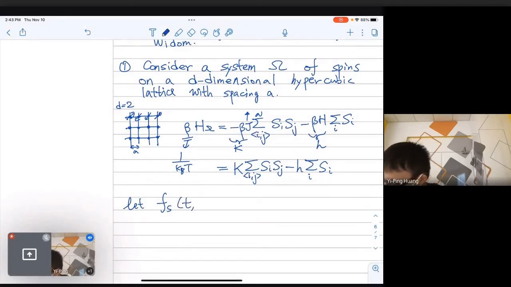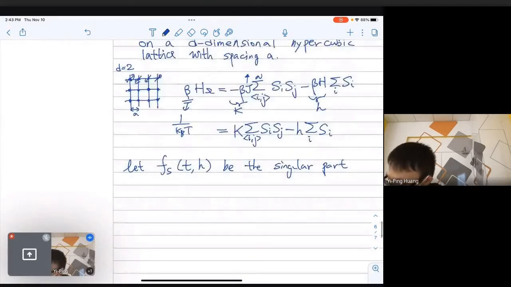So let's use F_s to denote the singular part of the free energy density.